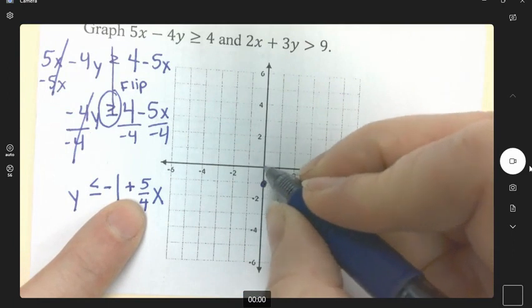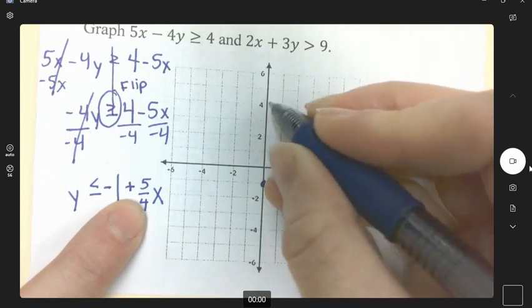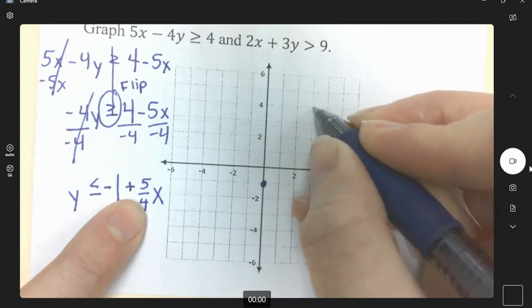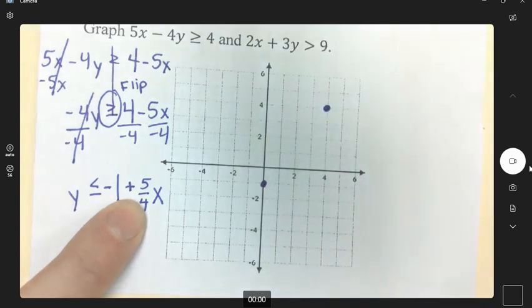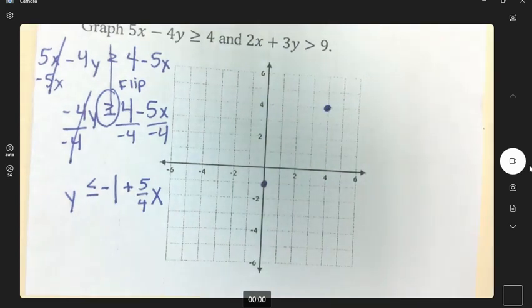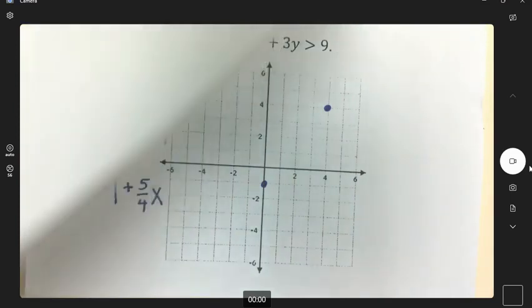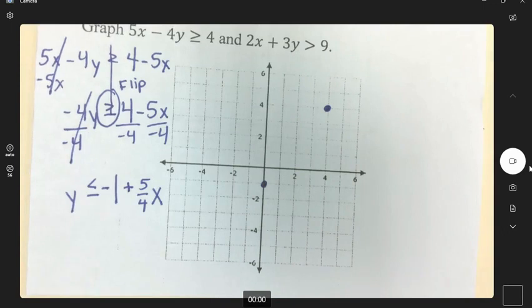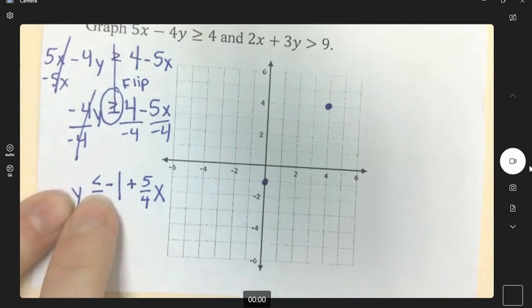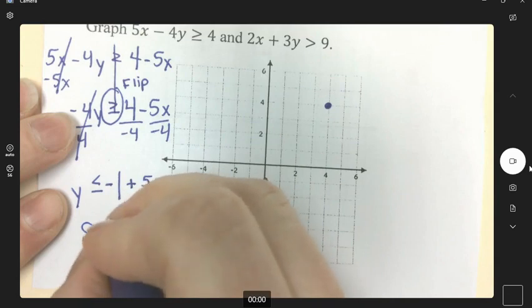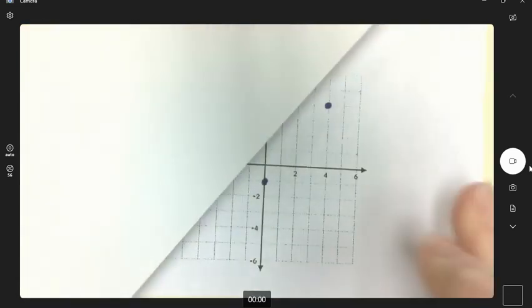Rise 5: 1, 2, 3, 4, 5, over 1, 2, 3, 4. So we have 2 points. That's all we need in order to graph. So use your ID badge, your journal, something to draw this line. Also, that's "or equal to," so it is going to be a solid line. So let's make that solid line.